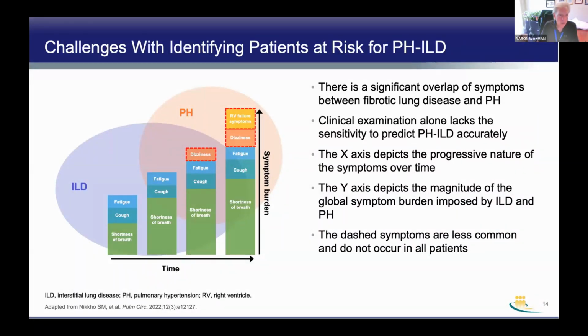And what you can see on this graph on the left is that the x-axis depicts time, which is time of progression of their interstitial lung disease, and the y-axis depicts the magnitude of the global symptom burden imposed by ILD and pulmonary hypertension. And clearly, as one progresses, the other starts to progress, kind of trailing that, but both exacerbate the overall symptomatology.